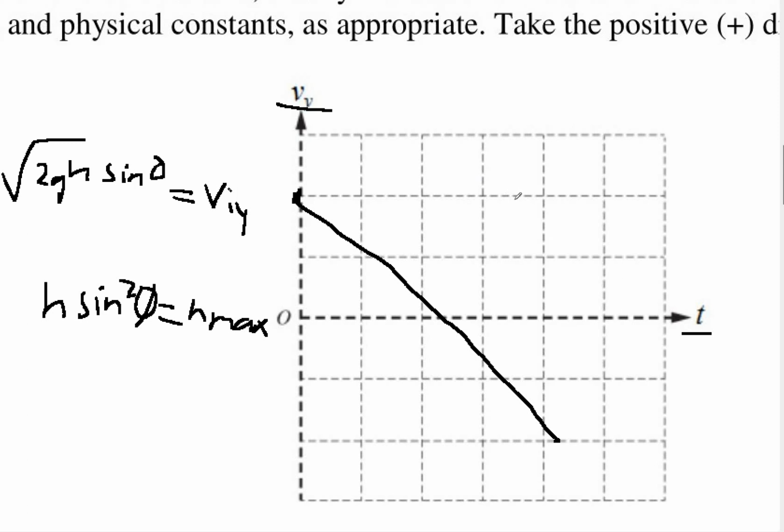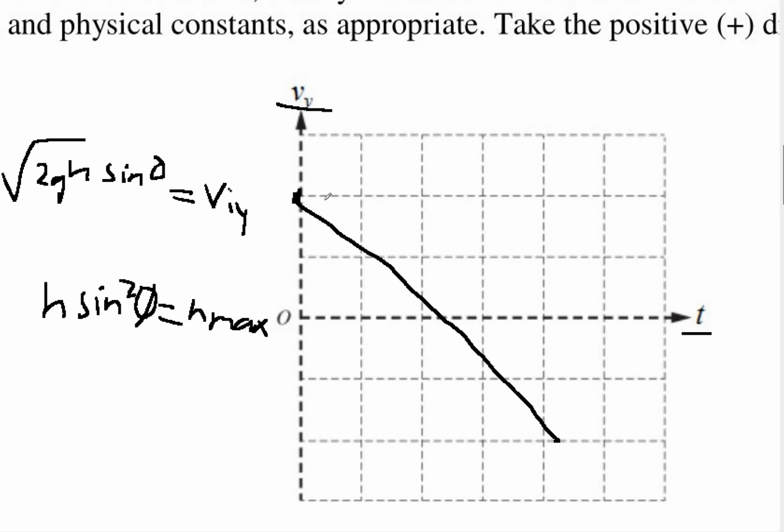And then once it reaches the peak, gravity starts pushing the cyclist down again. Gravity, which is negative acceleration, pushes it down, so the velocity will go negative. The Vy velocity will go negative, which is why it goes down.